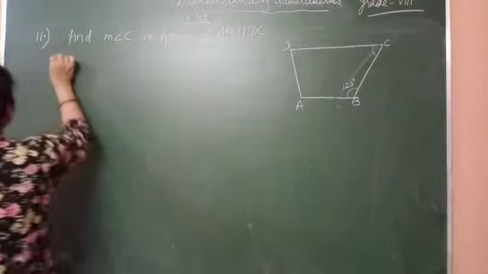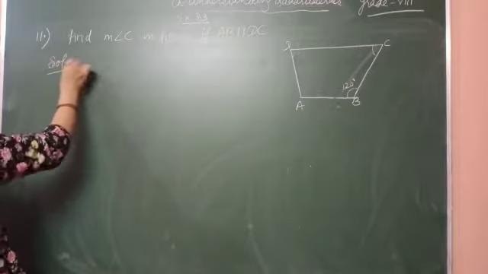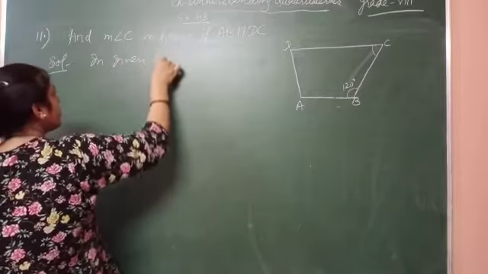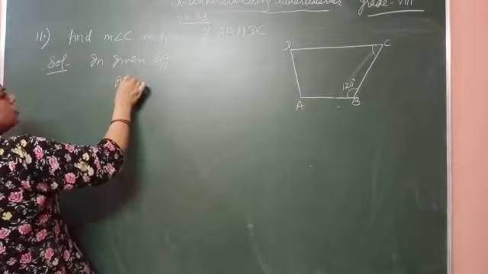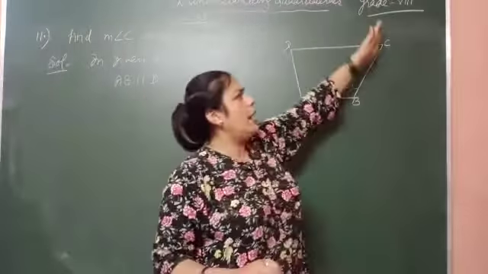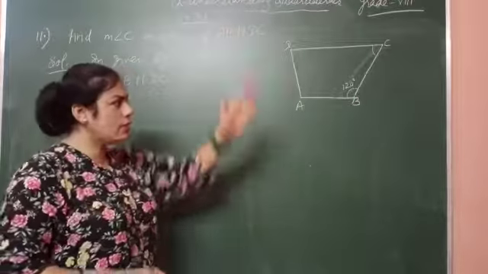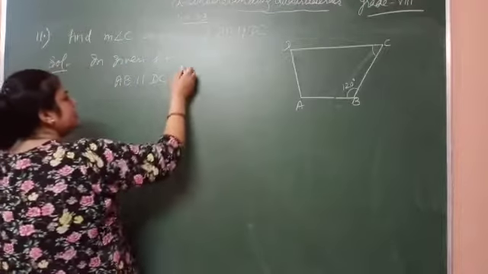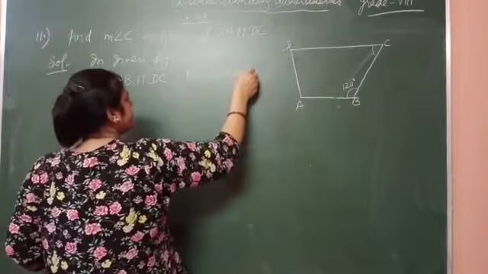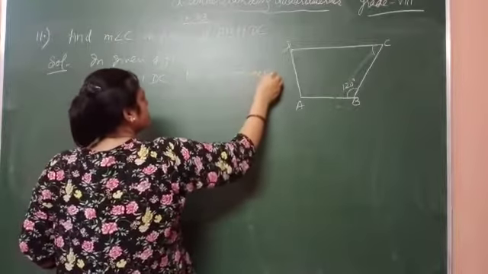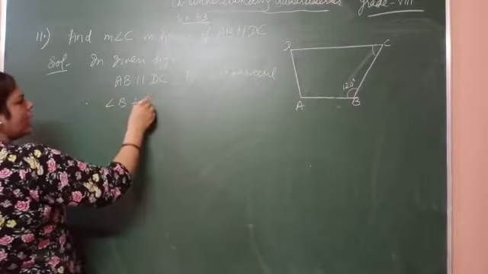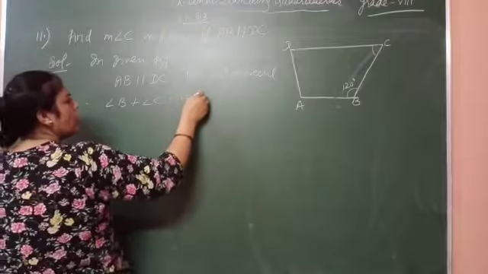So now we start. In the given figure, AB is parallel to DC. This pair is parallel and BC is transversal. वो कट हो रही है इसको. So therefore angle B plus angle C, the sum is 180 degree.